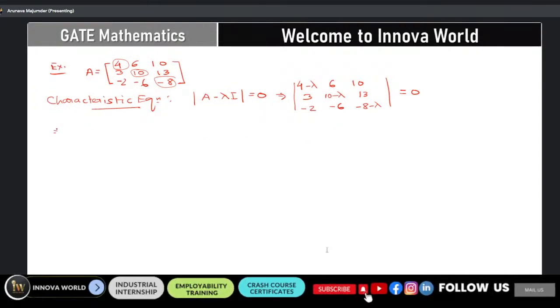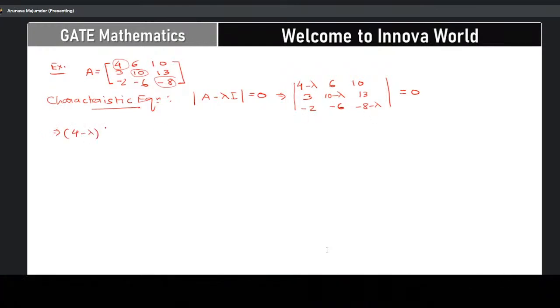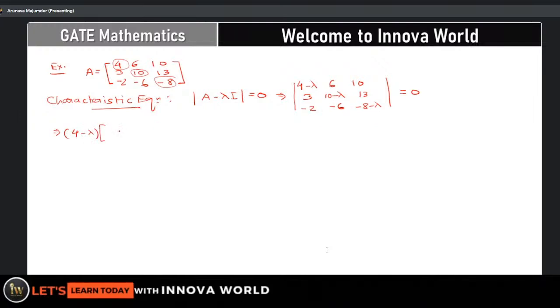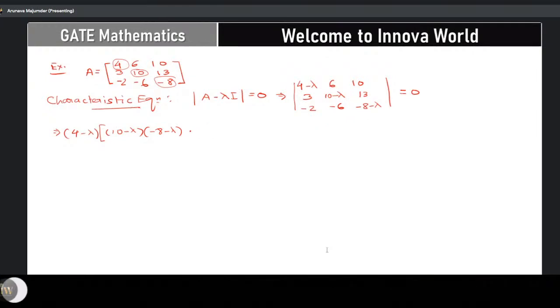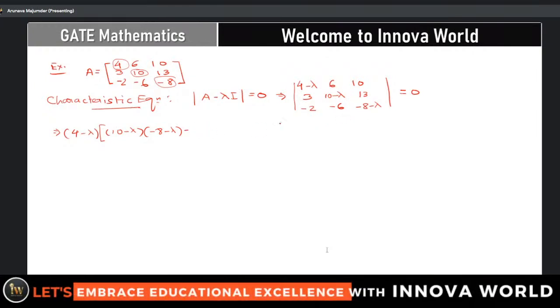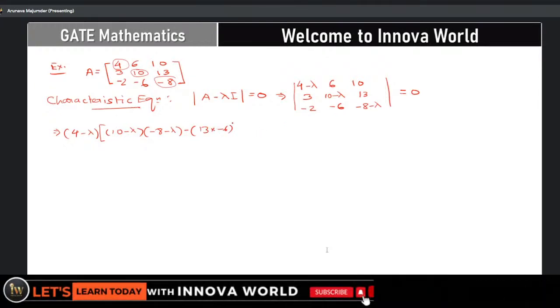If I break the determinant, it is 4 minus lambda into 10 minus lambda into minus 8 minus lambda, minus 6 is the first one.